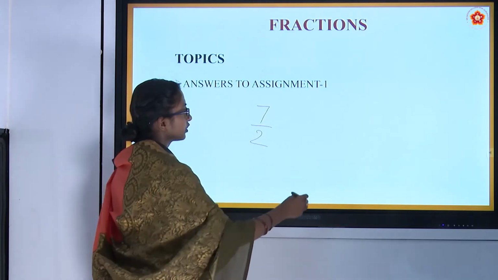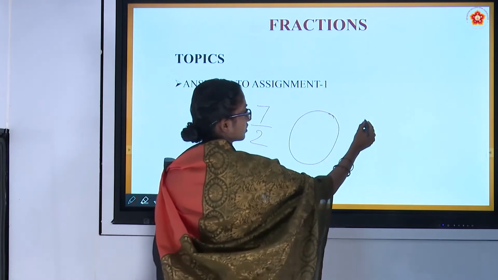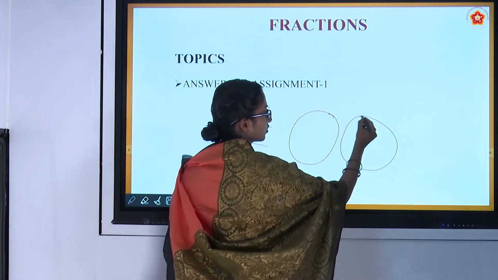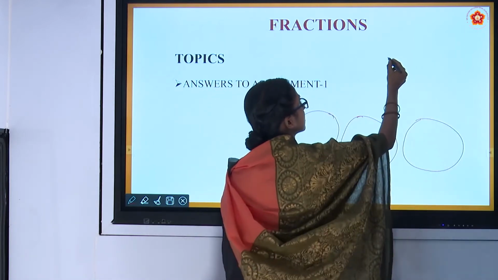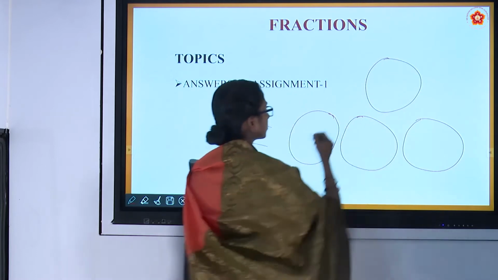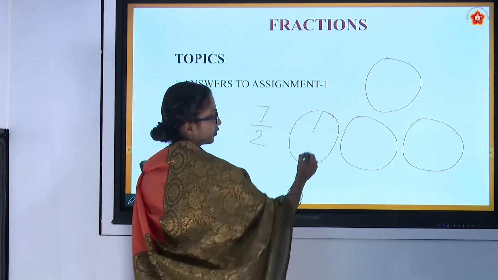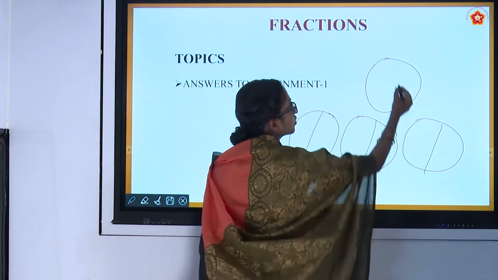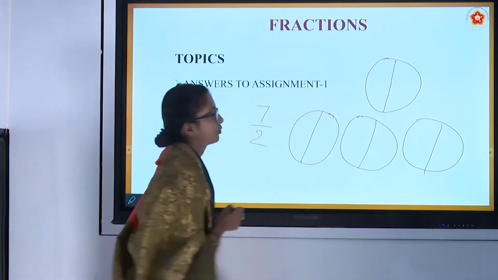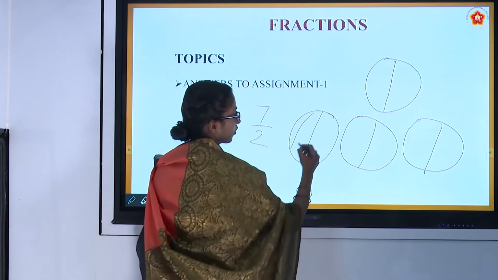7 by 2. The whole thing is divided into 2 parts. 2, 2, 2 and so on. 7 parts are shaded.